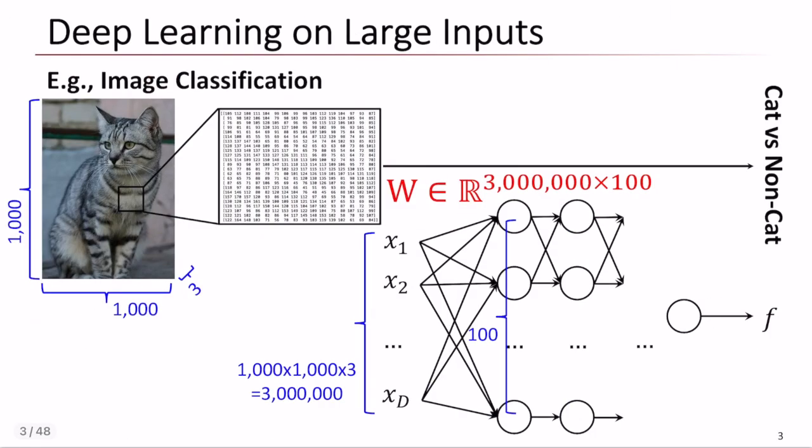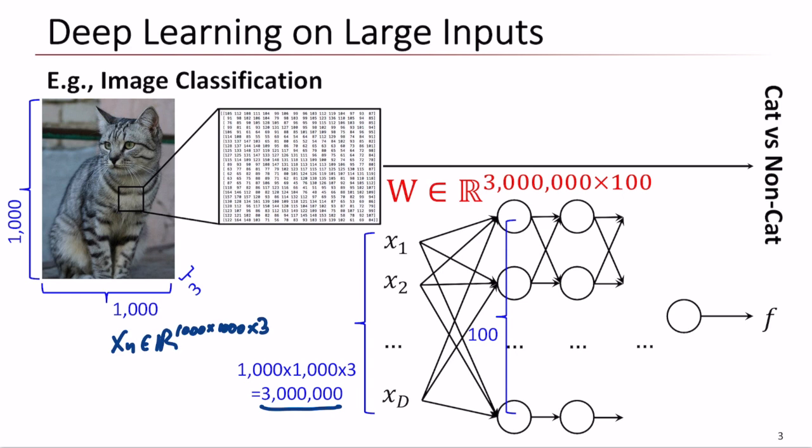But let's talk about the dimensionality of this problem. In this case, our image has the size 1000 by 1000 by 3. Then our feature vector, I mean the stretched feature vector, is going to be 3 million, just 3 million.